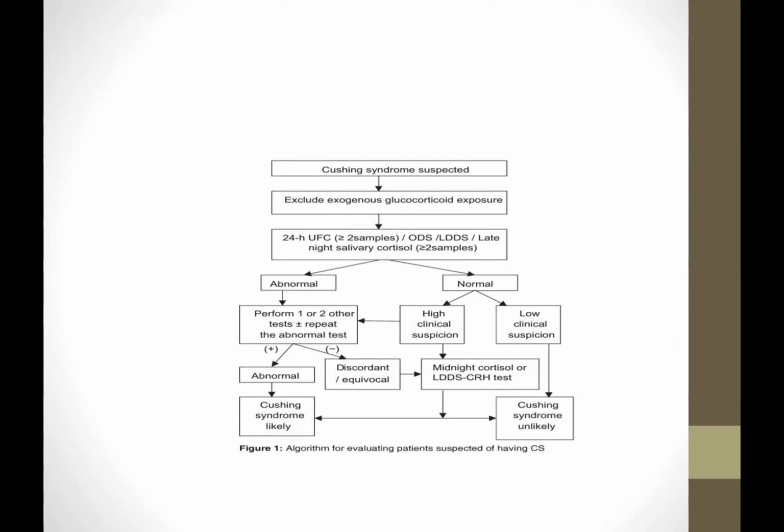So when the pituitary is secreting excess ACTH, we are bound to have more ACTH in the blood. That is 15 picograms per ml or more, which is nothing but a pituitary-induced ACTH-dependent Cushing's. If it is ectopic, it will be even more, 30 picograms or something like that.